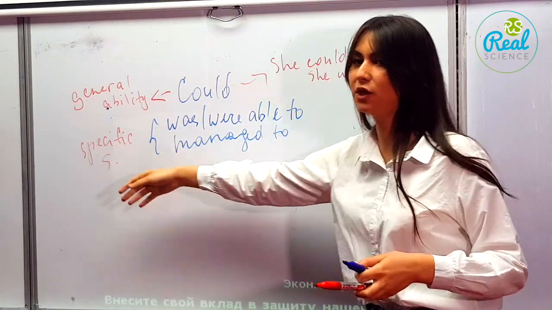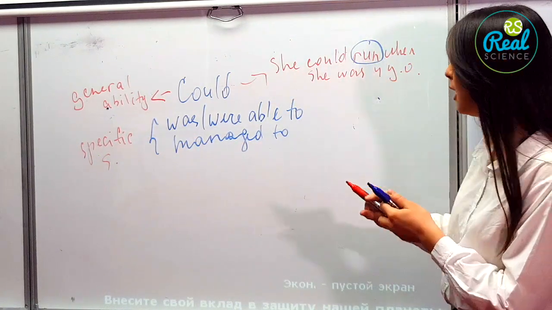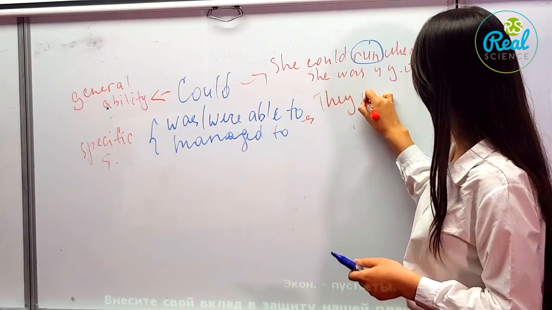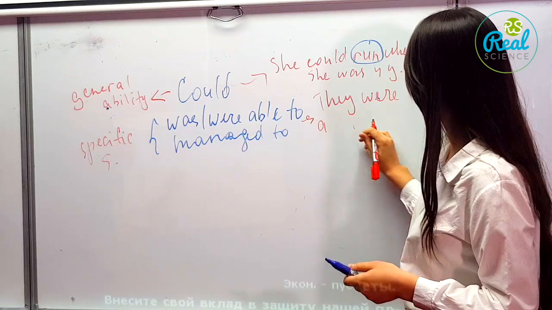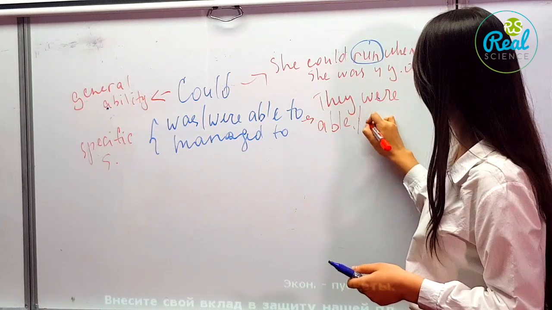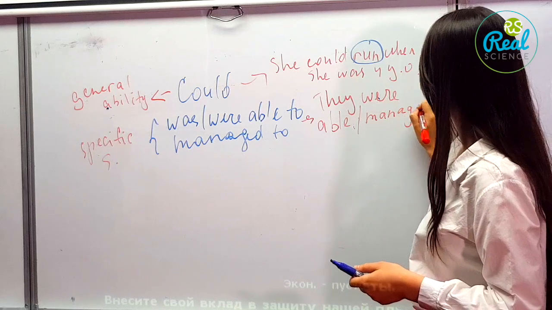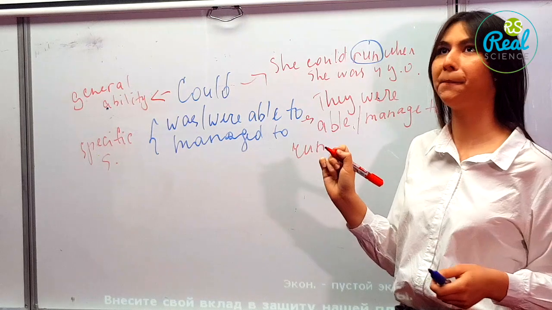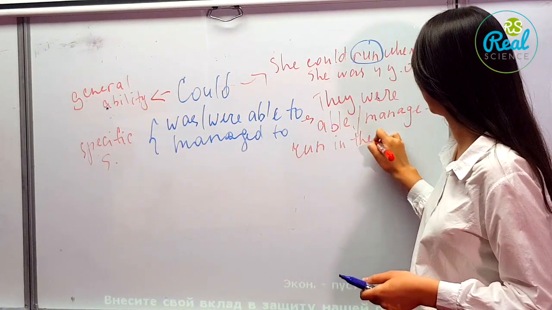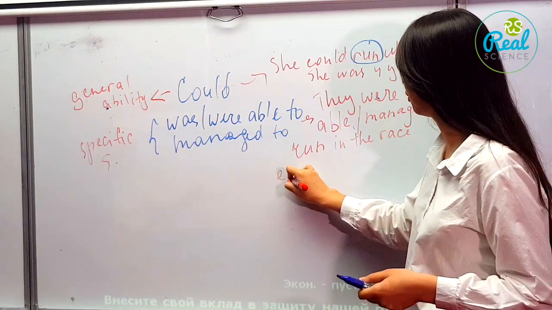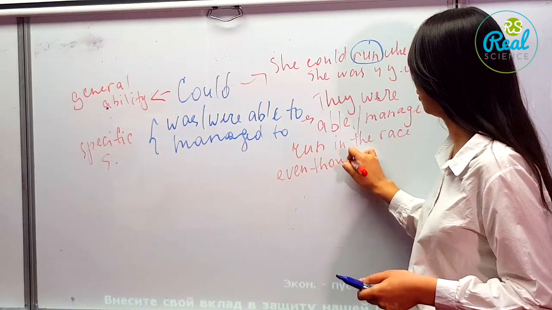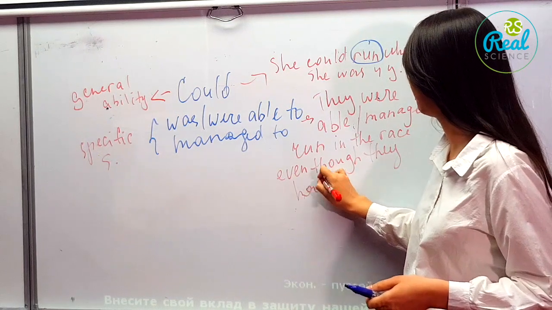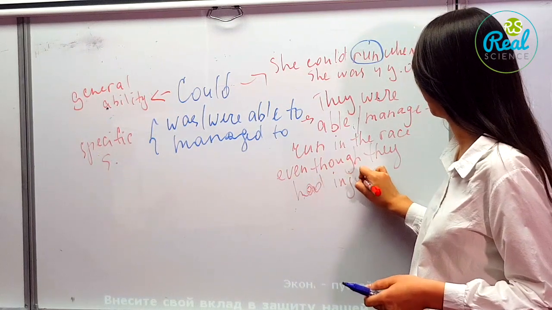Now let's move to specific situation. Again, I will use this verb, run. For example, look. They were able to, or they managed to run, let's say, in the race, even though they had an injury.